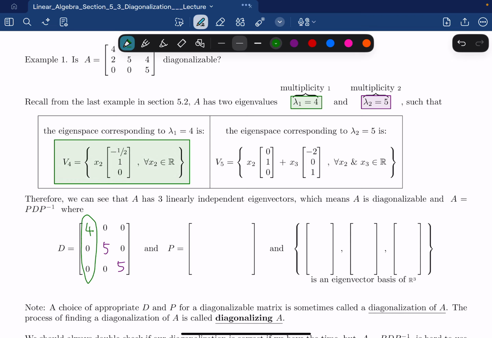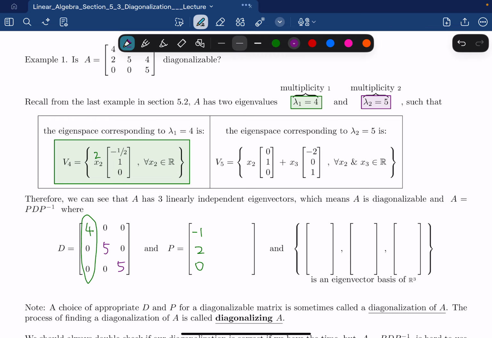We've seen how we can pick this. We can choose any value of x2, except for 0, and get a corresponding eigenvector. For example, if I choose x2 equals 2, then the eigenvector I get will be -1, 2, 0. Think about x2 equals 2, and then you distribute the 2, and you get this eigenvector.